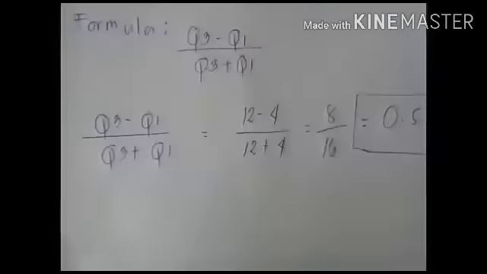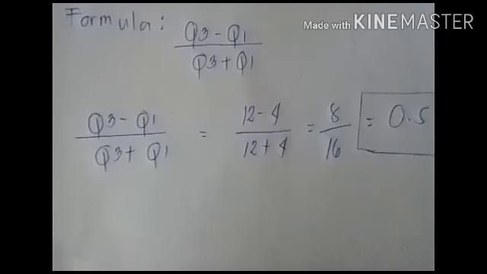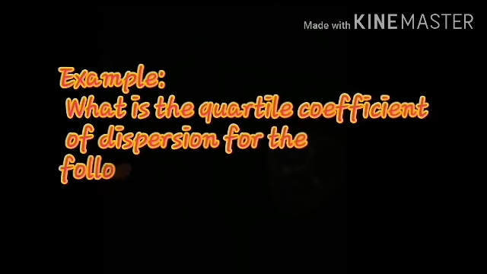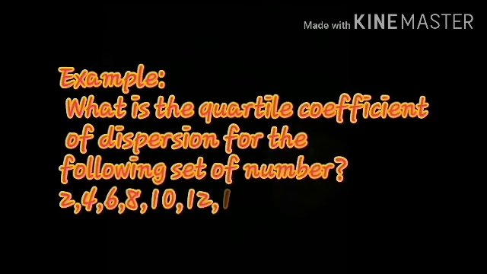The formula is Q3 minus Q1 over Q3 plus Q1. The example of quartile coefficient of dispersion is: what is the quartile coefficient of dispersion for the following set of numbers? 2, 4, 6, 8, 10, 12, 14.